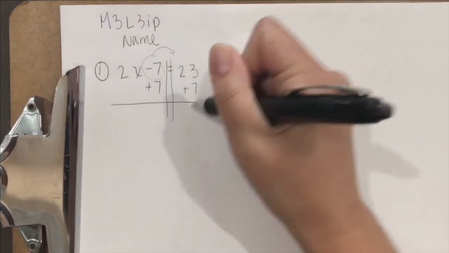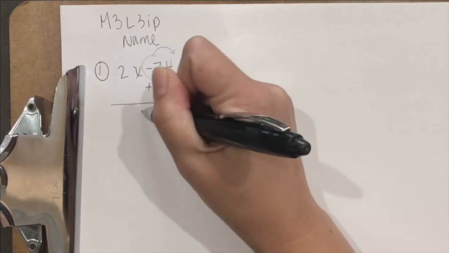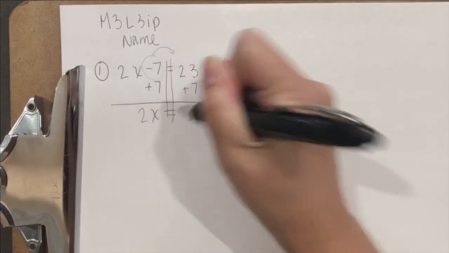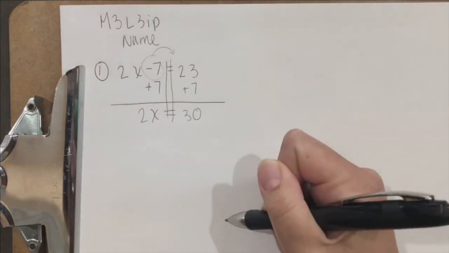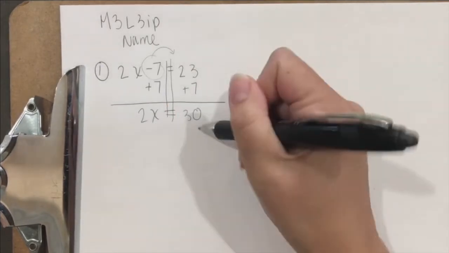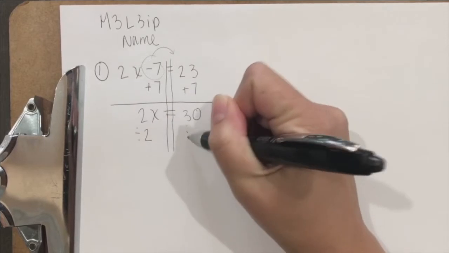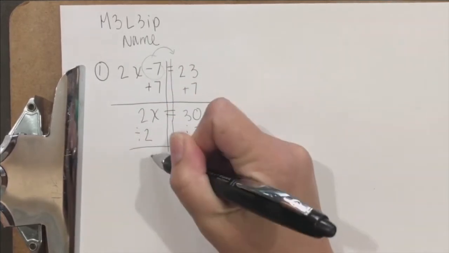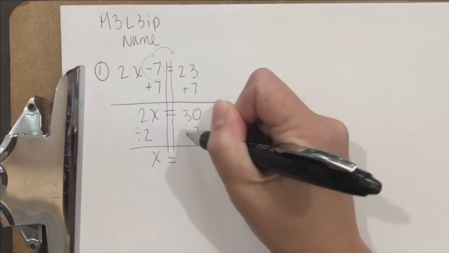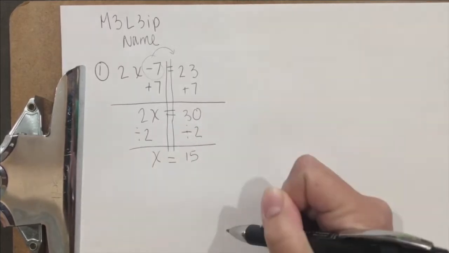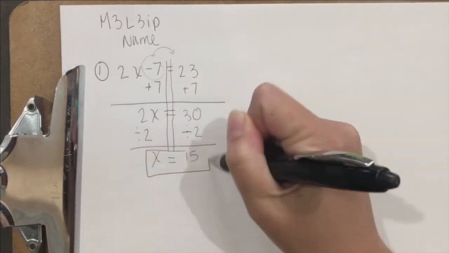So now 23 plus 7 is 30. 2x equals 30. Now I need to divide this into two groups because I have two x's. So we'll divide by 2, and I wind up with just 1x is equal to 15. And there's my answer.